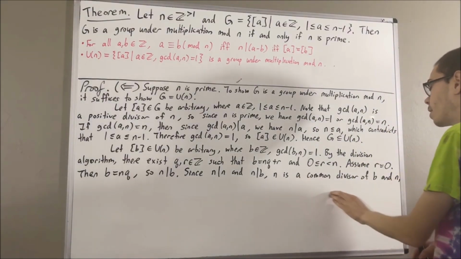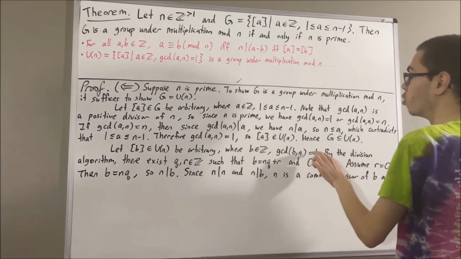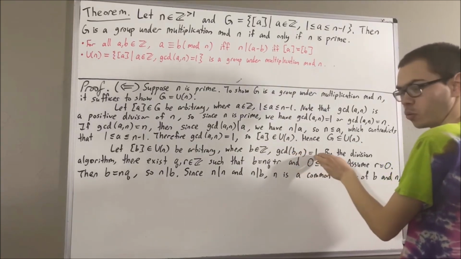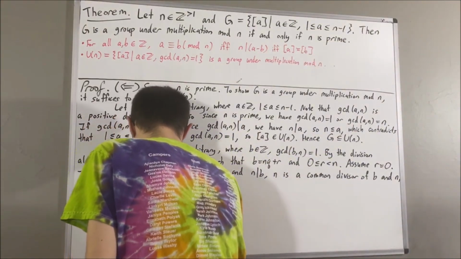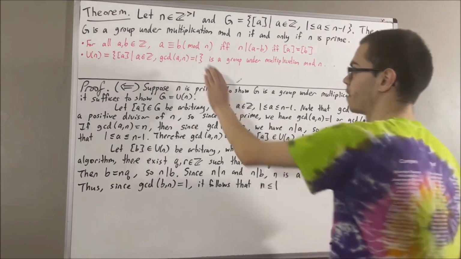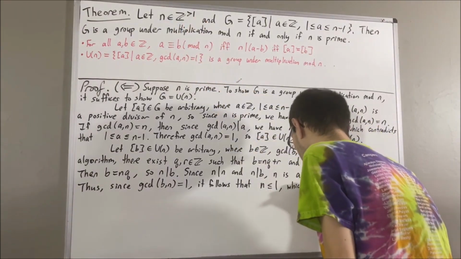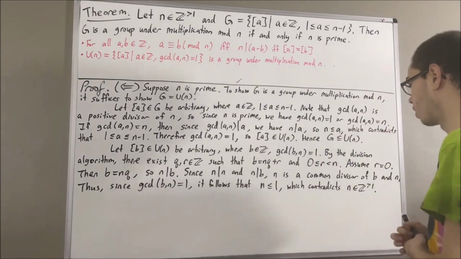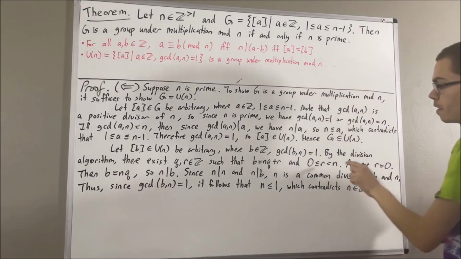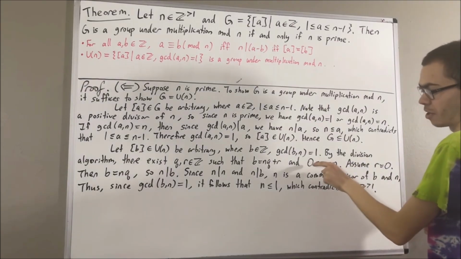Since n is a common divisor of b and n, but 1 is the greatest common divisor of b and n, we must have that n is less than or equal to 1. But this contradicts the fact that n is greater than 1. Our assumption that r is equal to 0 led us to a contradiction, so we must instead have the other option, r is strictly greater than 0.